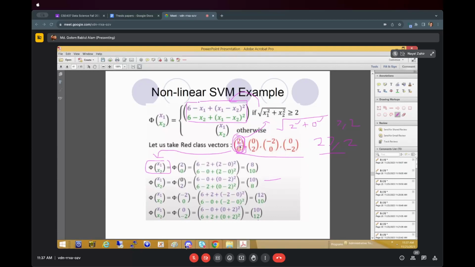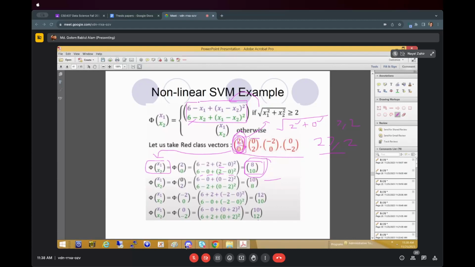So if we put in x1, 6 minus 2 plus x1 is 2 minus 0, that is x2 is 0, square. And here is 6 again, x2 in this case is 0, and x1 is 2, and x2 is also 0. Then we will get 8 and 10. So it means that this data point will transform to a new space, that is 8, 10.